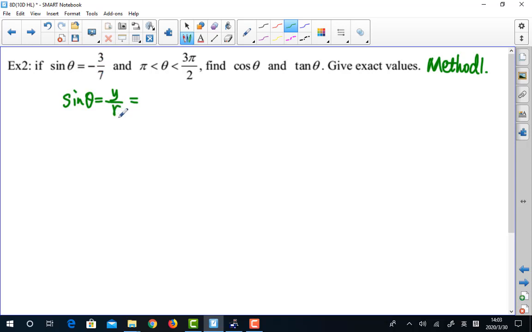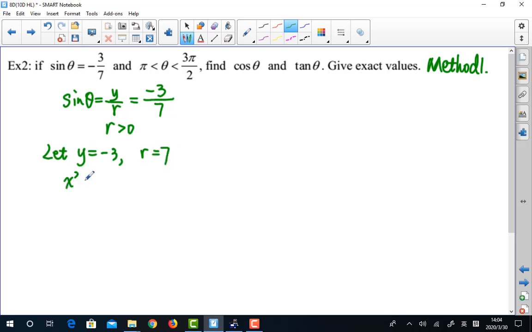Remember, your denominator is r. This r represents the distance from the point P to the origin, so this r must be positive. It will never be negative. Therefore, this negative sign will be placed with the numerator 3 over 7. So I will let y be negative 3, r equals 7.